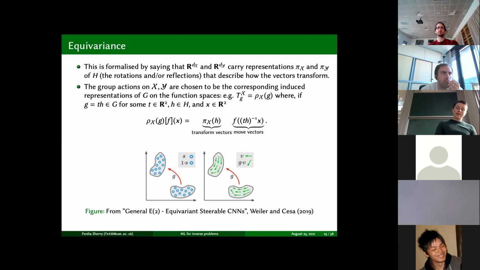One question you might ask is, since we're doing neural networks, which are generally thought of as alternating a linearity and a non-linearity, can we come up with equivariant linearities and non-linearities?